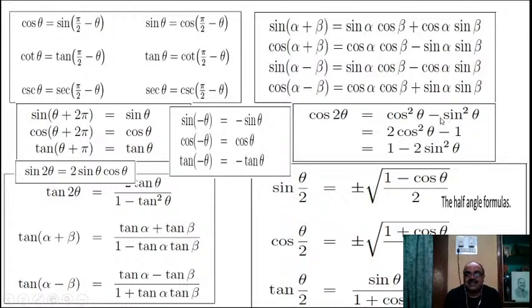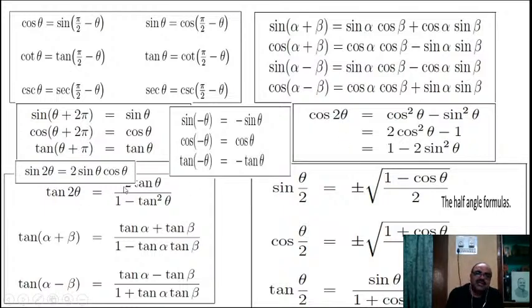Sine square theta is written as 1 minus cos square theta. Minus of minus is plus cos square theta. So cos square theta plus cos square theta is 2 cos square theta minus 1. Similarly, change cos square theta to 1 minus sin square theta: 1 minus sin square theta minus sin square theta, 1 minus 2 sin square theta. These are the three different formulas for cos 2 theta.